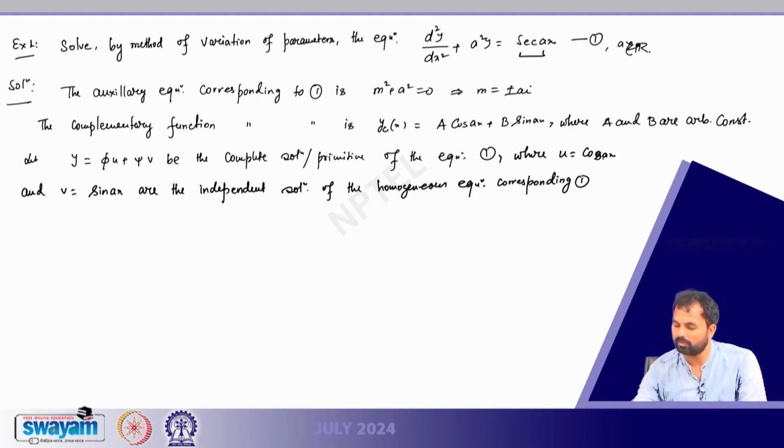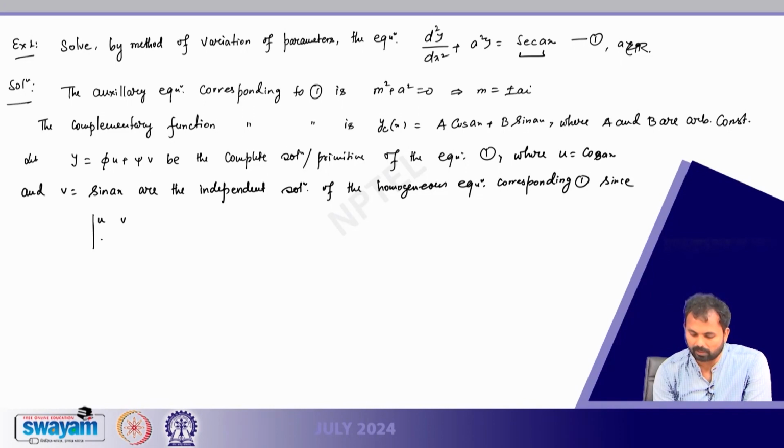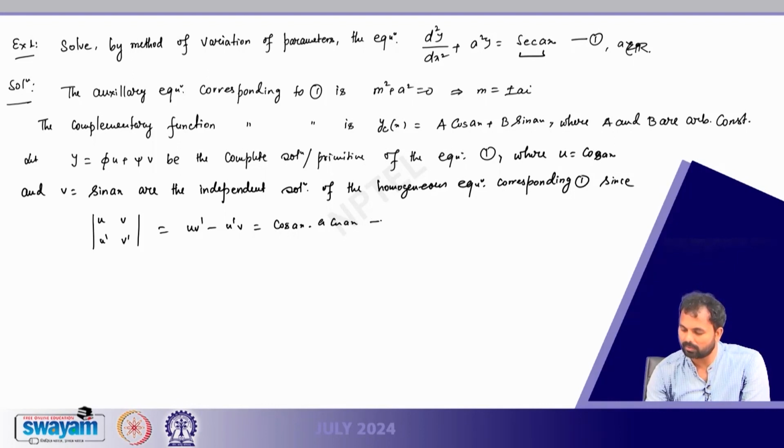are the independent solutions. You can also verify this; we can check the Jacobian. That is the determinant of u, v and u dash, v dash, so this is u v dash minus u dash v. So u is cos of ax and v dash is a cos of ax, and minus u dash is a sin of ax and v is sin of ax.